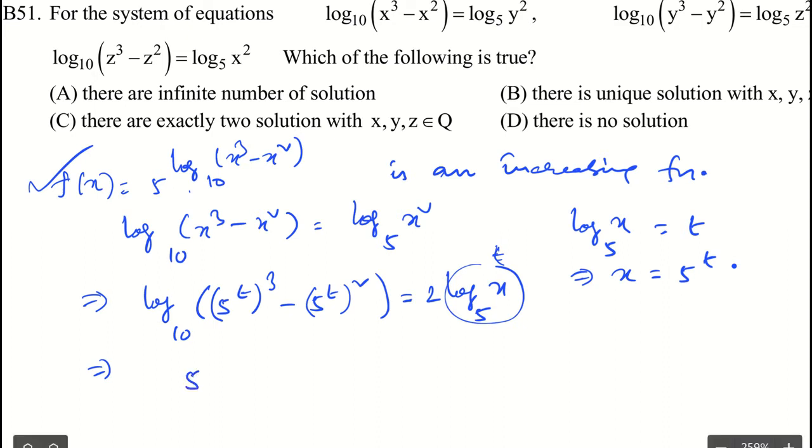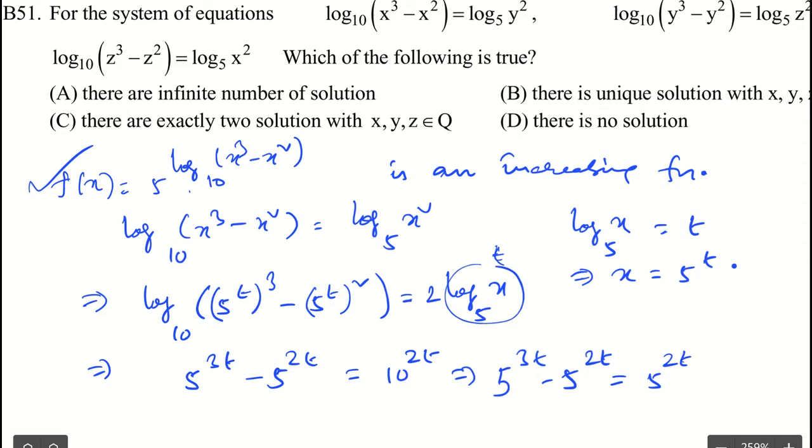Then I remove the logarithm, and I'll get 5 power 3t minus 5 power 2t is equal to 2 times 10 power 2t. 10 power 2t is 5 power 2t into 2 power 2t, so 5 power 3t minus 5 power 2t is equal to 5 power 2t into 2 power 2t.